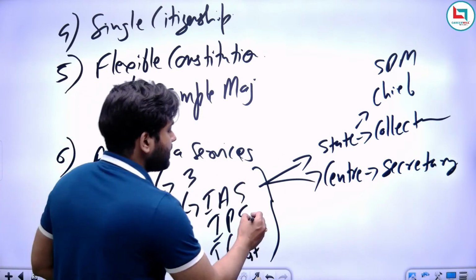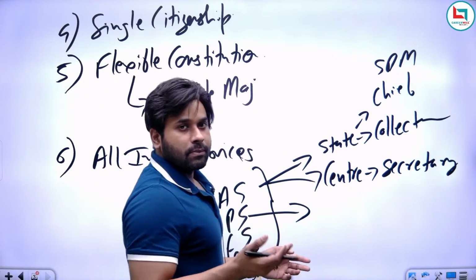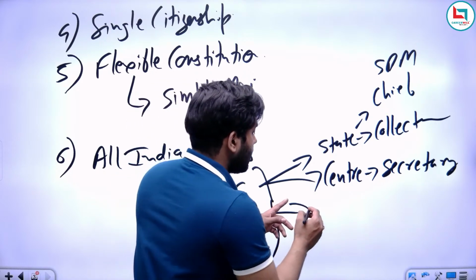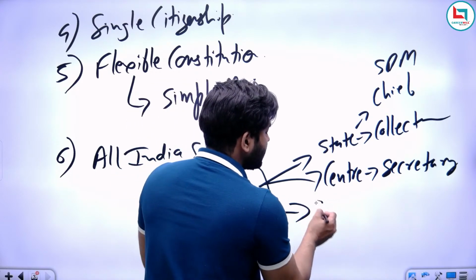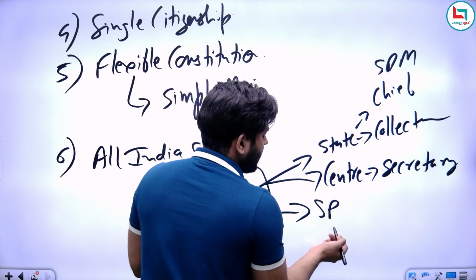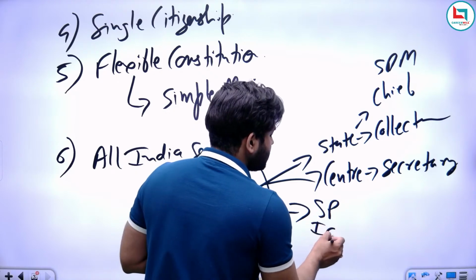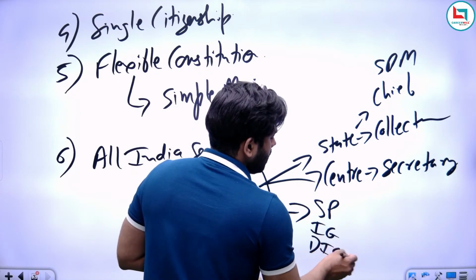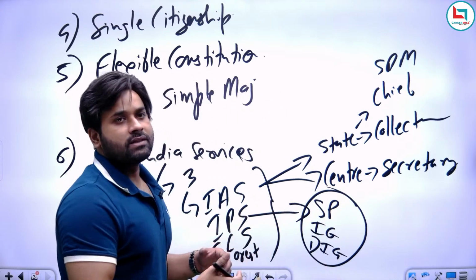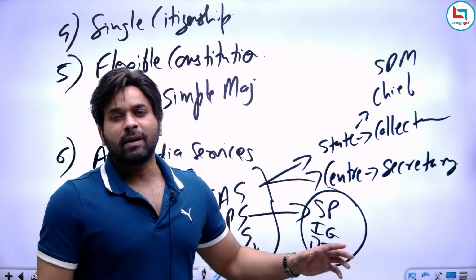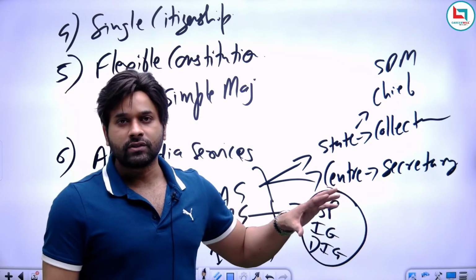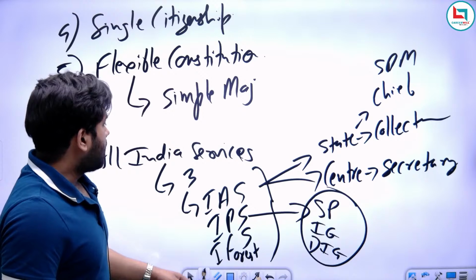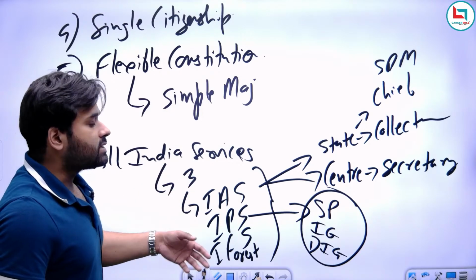For example, IPS. The president has appointed the IPS officer, but he is appointed as SP, then IG, DIG. He is giving his service to the states despite being a central government officer. Okay, so why are we saying all India service is a unitary feature?